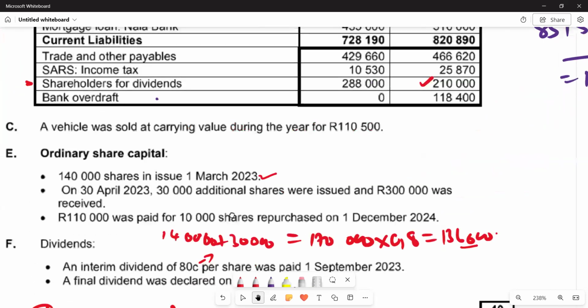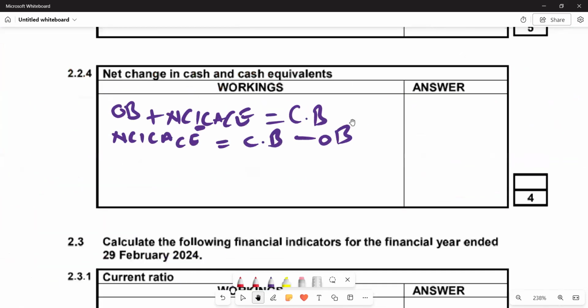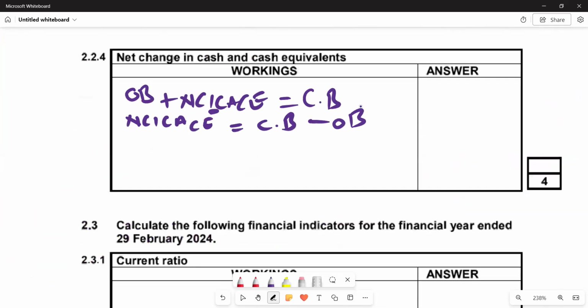Basically, in this case our opening balance is a negative. So it's going to leave us with the closing balance plus the opening balance, according to the calculations that we have made, 118,400.